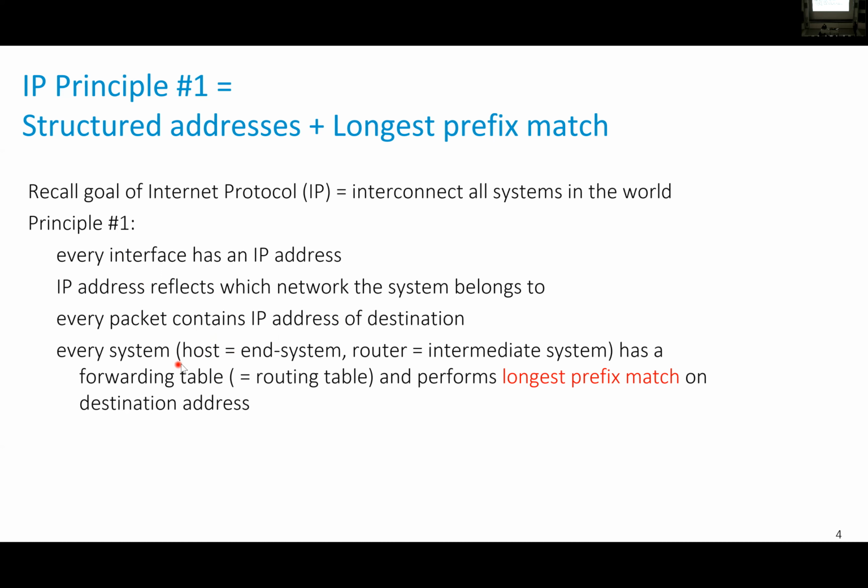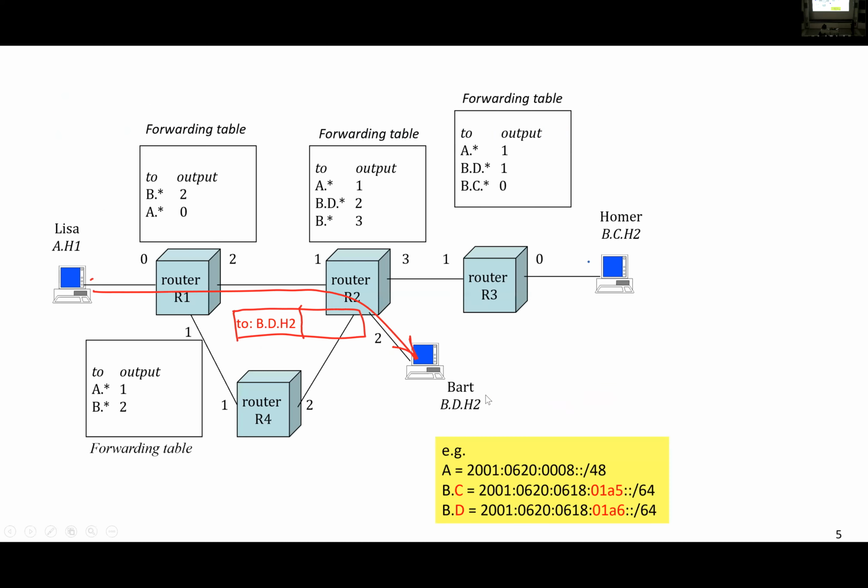And every system is either a host or a router. In the principles of IP, we don't really make a difference between hosts and routers. Every system should have a forwarding table on which it will perform longest prefix match in order to know what to do with packets. This is illustrated here in this very, very simplified diagram.